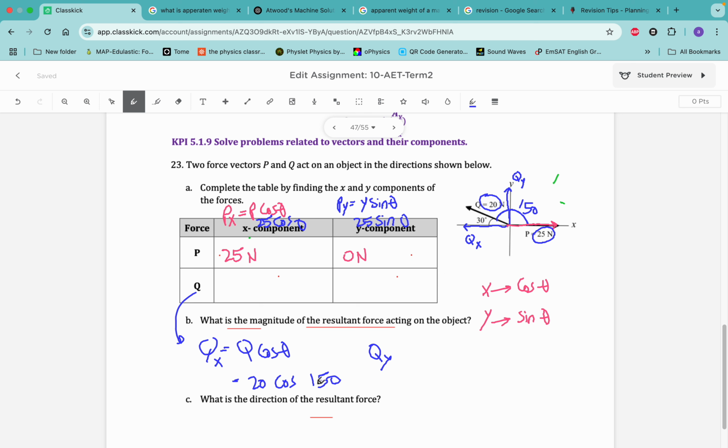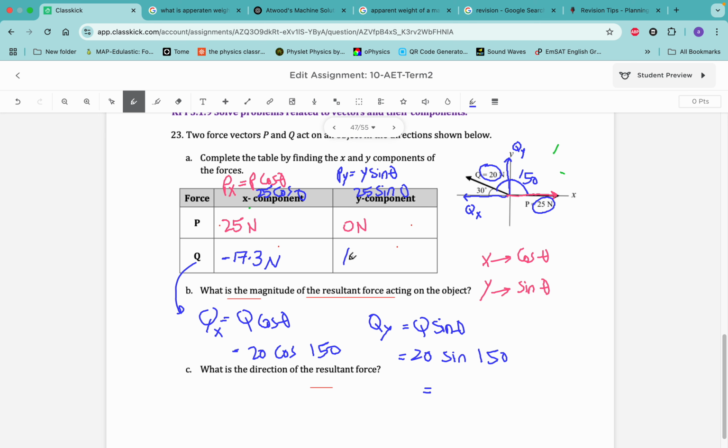So 20 cosine 150 gives negative 17.3 Newton, while Qy is Q sine theta, which is 20 sine 150, and we get 10 Newton. Now the question asks about the magnitude and direction of the resultant force.